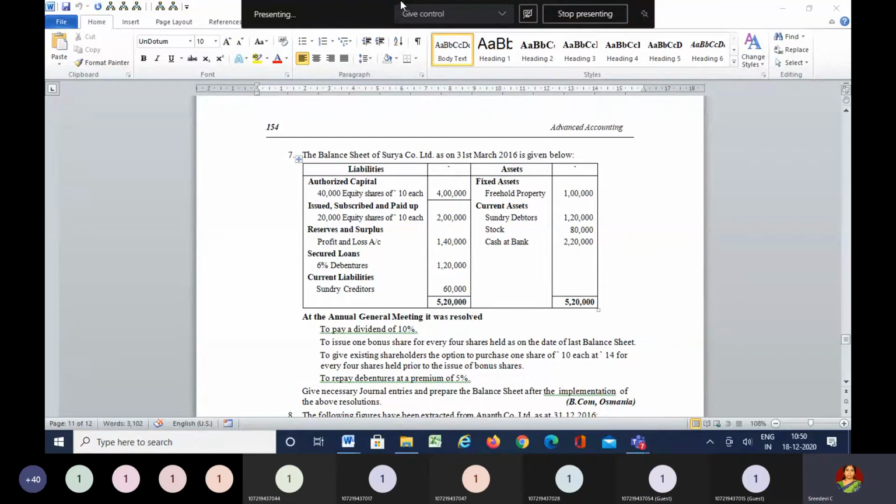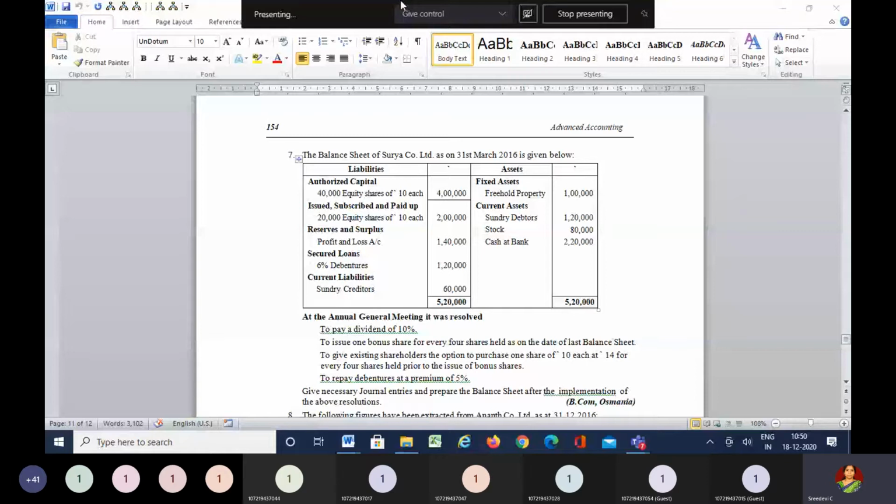Here the issued, subscribed and paid up capital of Surya Company Limited is 2 lakhs of rupees. On this 2 lakhs, they have decided to pay a dividend of 10%. So 10% of 2 lakhs is 20,000 rupees. That means the company is going to pay dividends of 20,000 rupees to the shareholders. This is the first resolution, right?